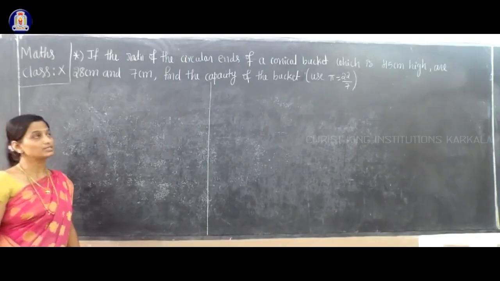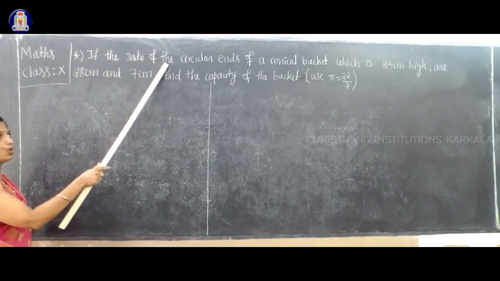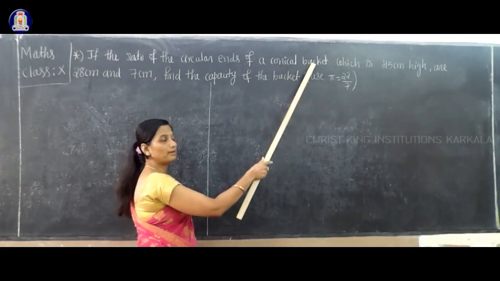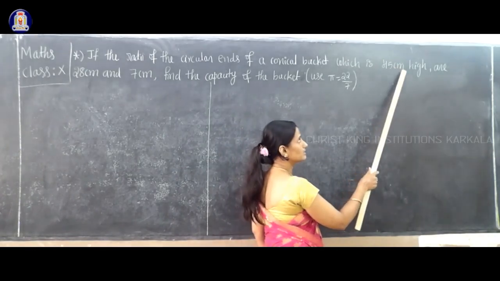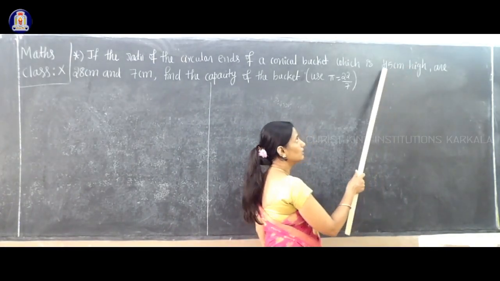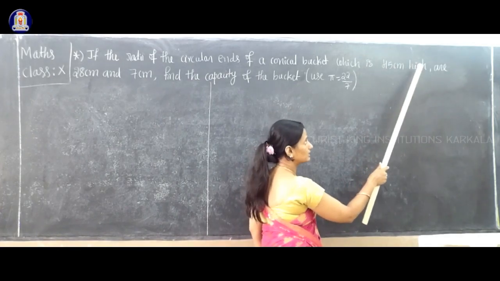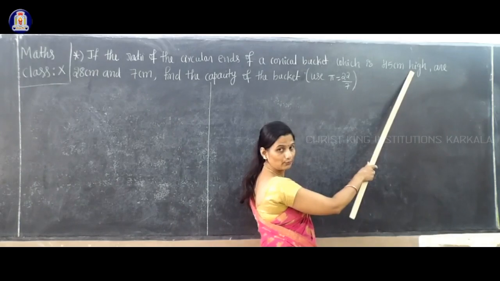First question. The radii of the circular ends of a conical bucket, which is 45 centimeter high, are 28 centimeter and 7 centimeter. What is this 45? 45 centimeter high means h is equal to 45.